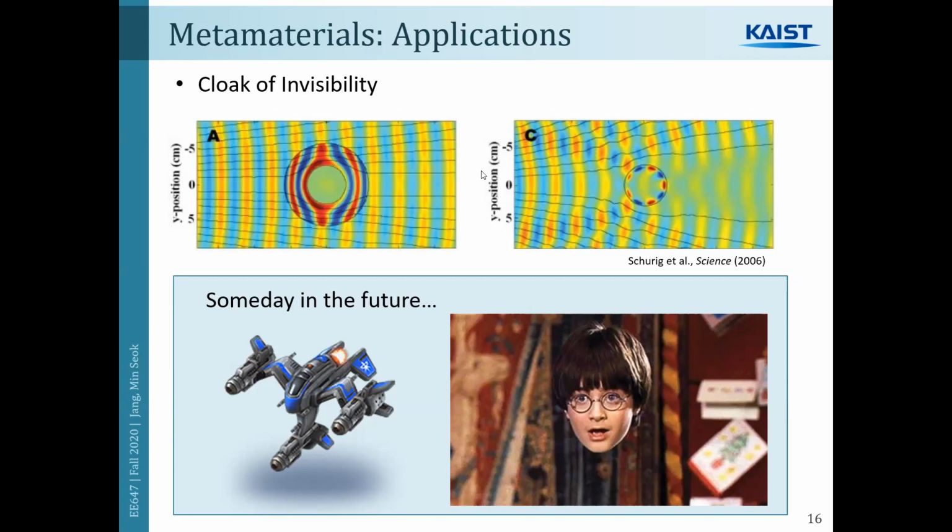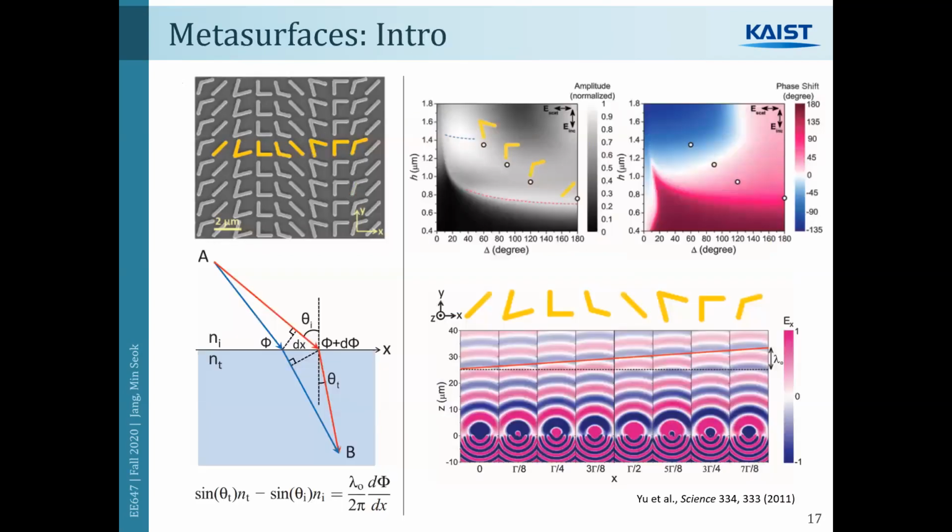So people turned their eyes to a much easier topic, which is metasurfaces. Now the idea itself is pretty similar. You want to create meta-atoms that have very weird optical properties, but now you place them in the form of a surface, rather than a 3D stacking.